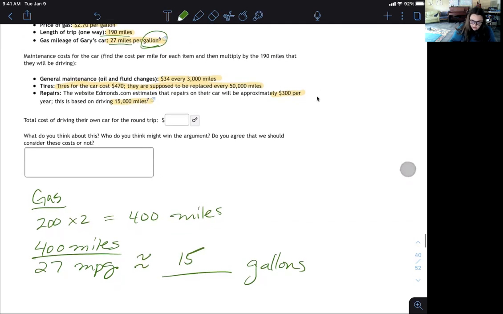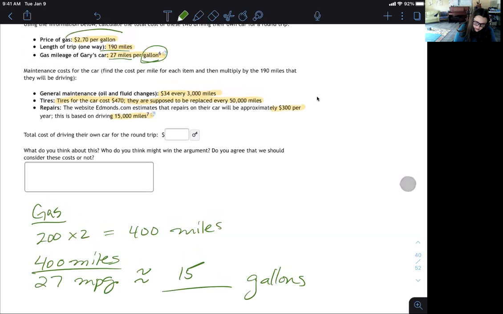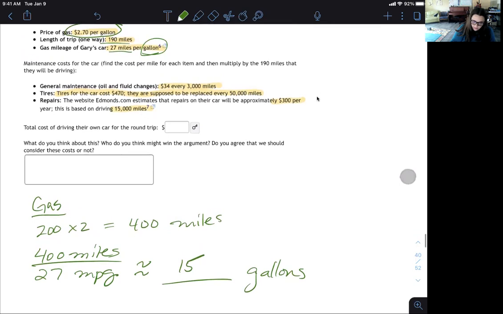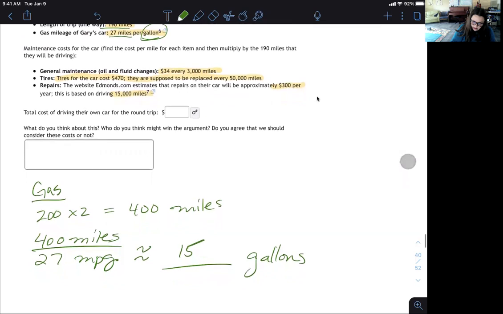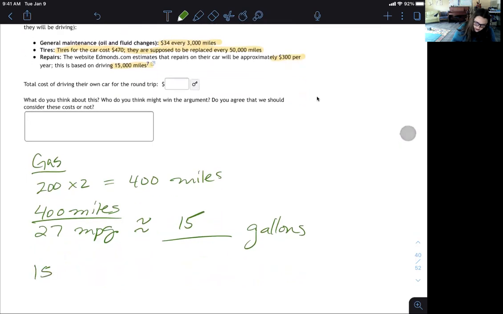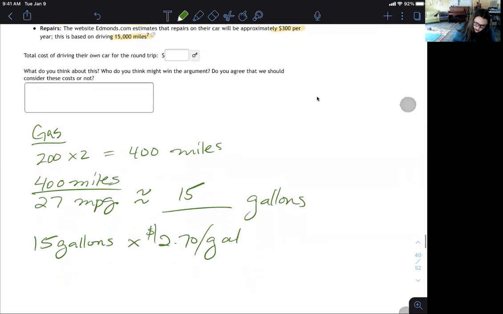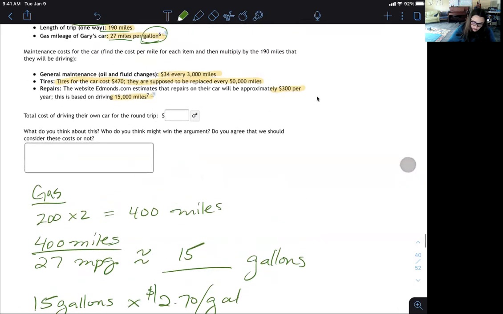So 15 gallons of gas times the $2.70 per gallon is how much money. I'm going to just round off 15 times 2.7 equals $40.50 in gas. So that's how much my gas will cost.